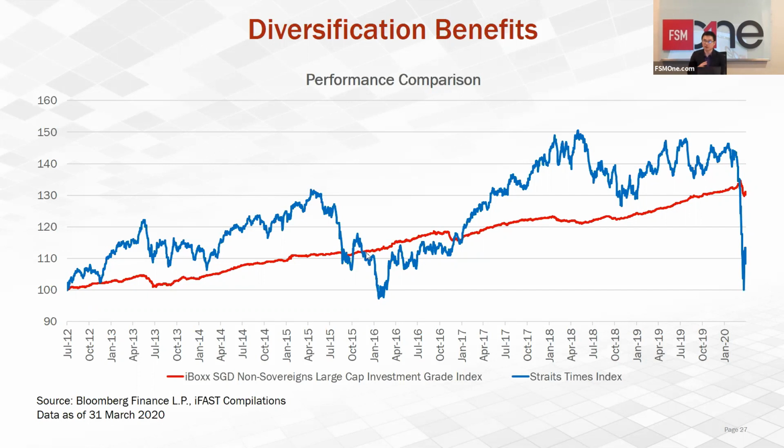So when markets are selling off, like you can see on this particular slide, especially this year, when the STI has fallen by close to about 30% from its peak this year, this bond fund has only fallen by quite a small bit, okay, perhaps less than 10 or maybe even less than 5%. So it has been very resilient, and it is able to help cushion some of the losses that you're experiencing from the stocks portion of your portfolio.